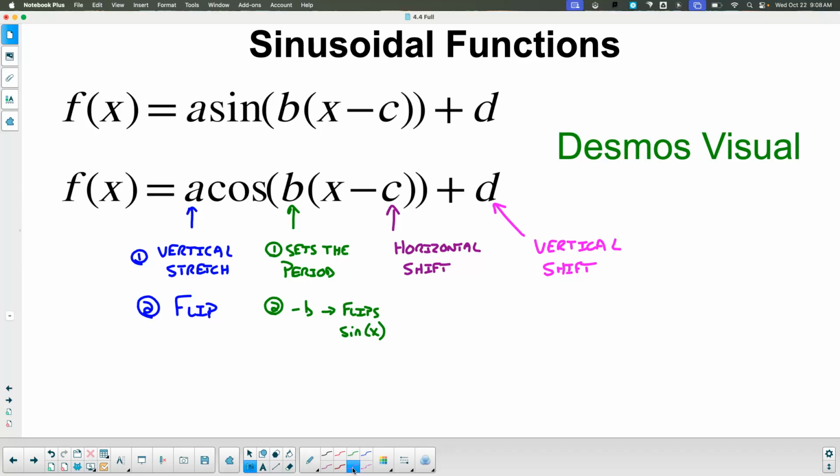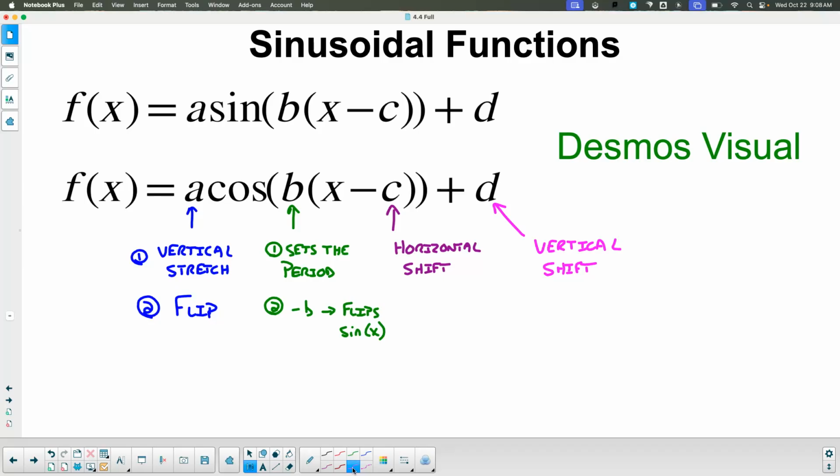If D is positive 17, you move your graph up 17. With C, you've got to think oppositely because C is inside a set of parentheses. You see minus pi over 2, that means you shift your graph to the right pi over 2. You see plus pi, you shift your graph to the left pi. You think oppositely inside parentheses.